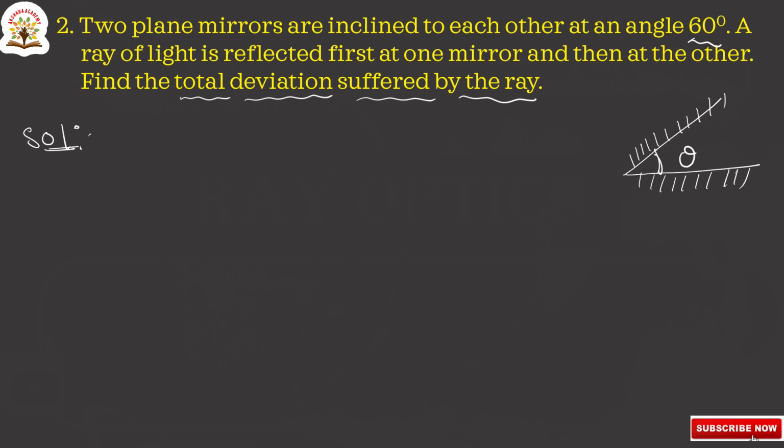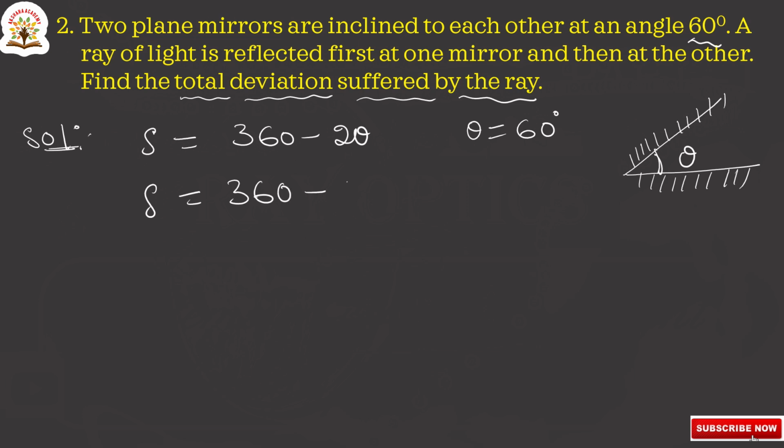Here total deviation delta is equals to 360 minus 2 theta. Here given theta is equals to 60 degrees. So that is equals to 360 minus 2 into 60 degrees.